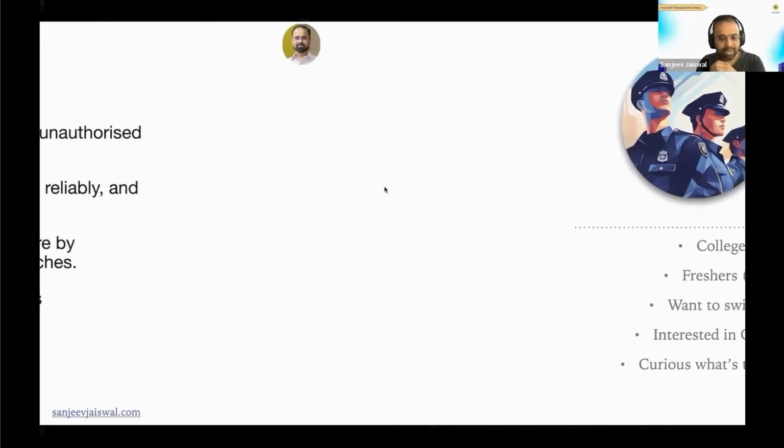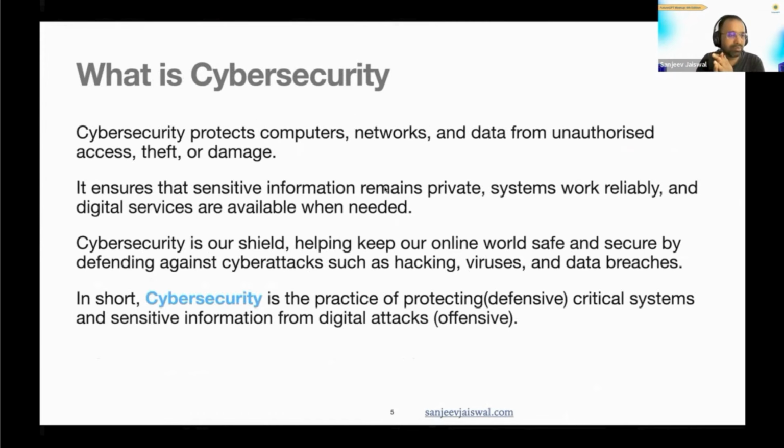All right. So what is cybersecurity? We know that whenever we talk about cybersecurity, people either talk about fraud, theft, or any kind of attack, but it's not the overall cybersecurity, right? So overall cybersecurity is like anything which is connected over the internet and you are trying to protect it. It can be anything.